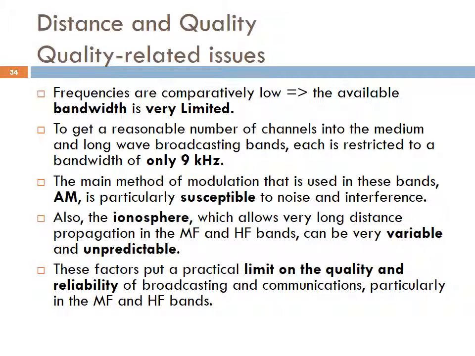Frequencies are comparatively low. This leads to the available bandwidth being very limited. This is the case of lower frequencies. To get a reasonable number of channels into the medium and long wave broadcasting bands, each is restricted to only 9 kHz.